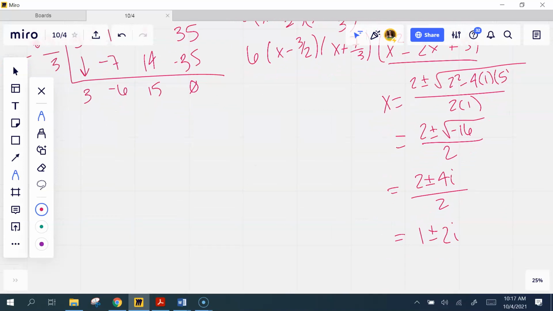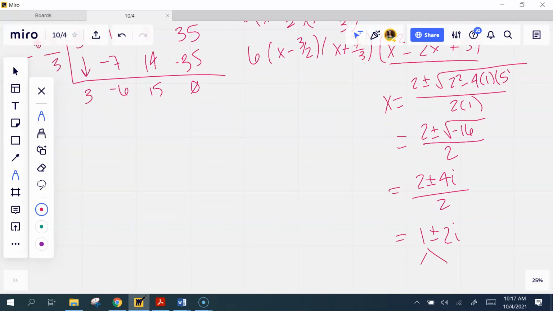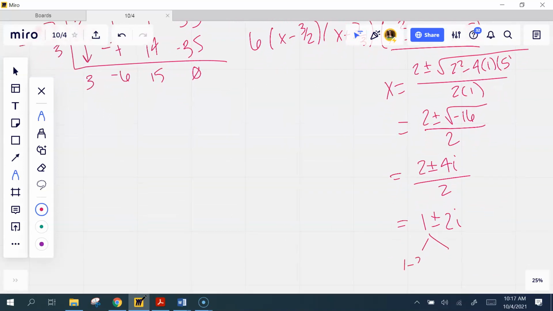So now I have, remember this is 2, right? This is 1 minus 2i, and this is 1 plus 2i, which ironically enough are what? What are those called? Conjugates, complex conjugates.